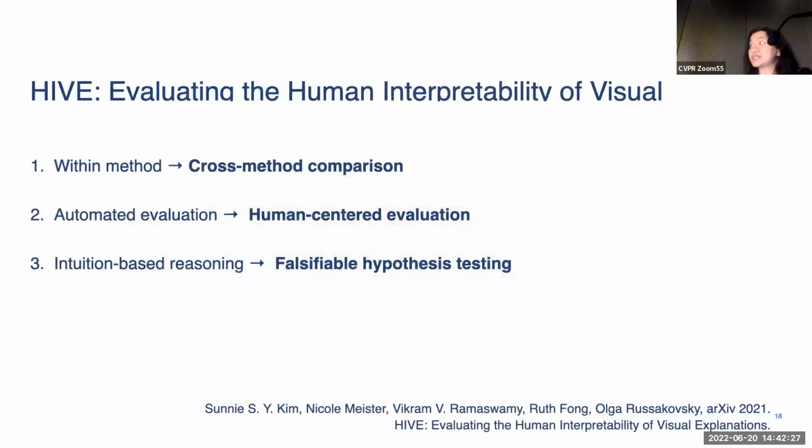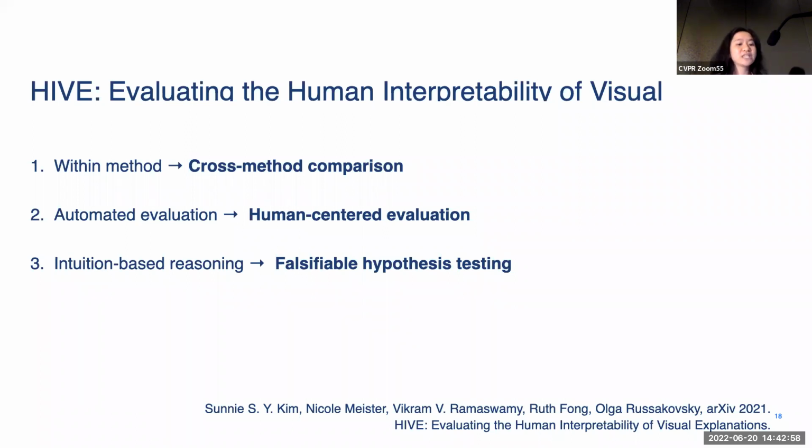Building especially on the recent work on human studies for heat map evaluation, in our new work, HIVE, we have three main goals. The first was to enable cross-method comparison, in contrast to prior works that primarily focused on evaluating heat maps. The second was to center humans in the evaluation process and measure if interpretability methods were actually useful to humans, in contrast to prior works that focused on automatic evaluation and measuring the sensitivity of these heat maps for certain desiderata.